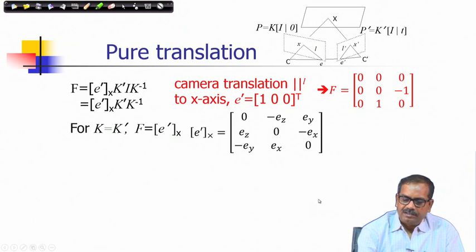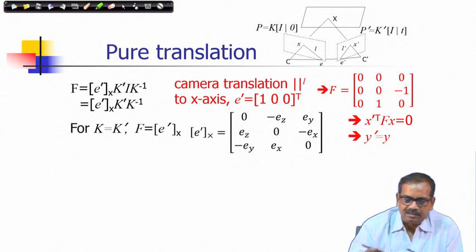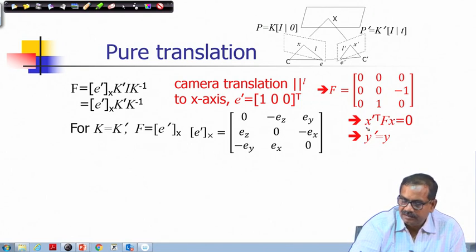So, if I apply this relationship of corresponding points, then we can show that the y coordinates remain the same. In this representation, we need to highlight a few things: x prime here is a vector.